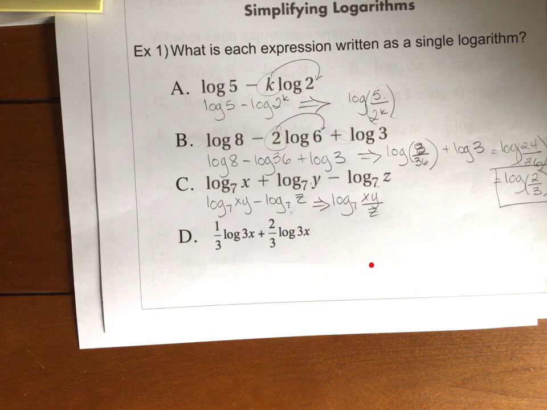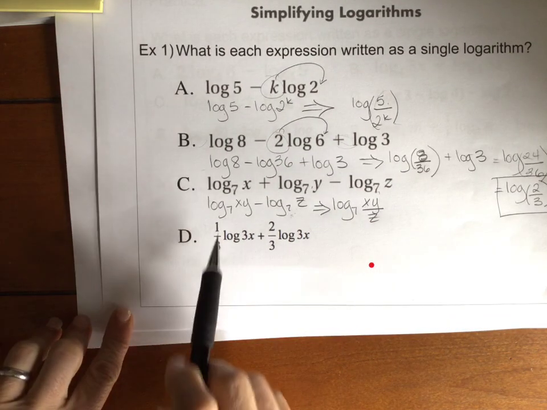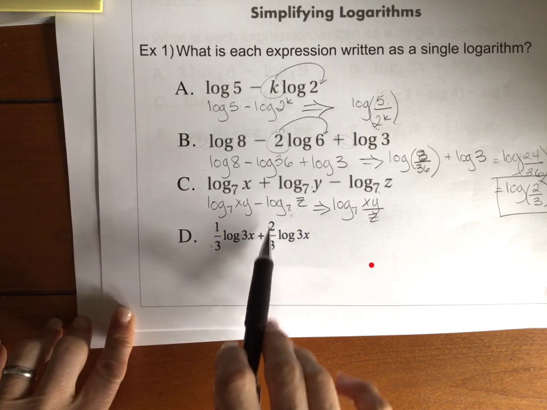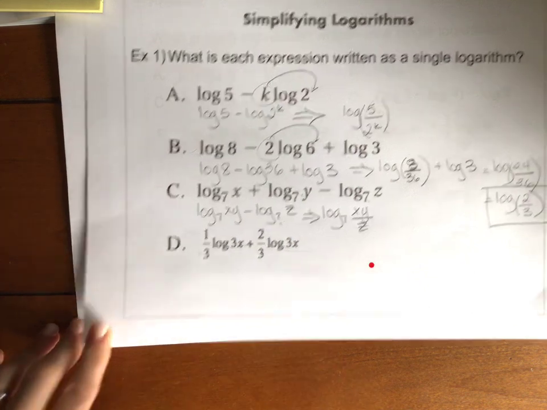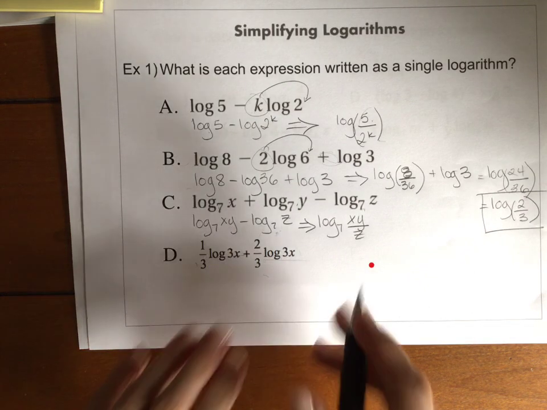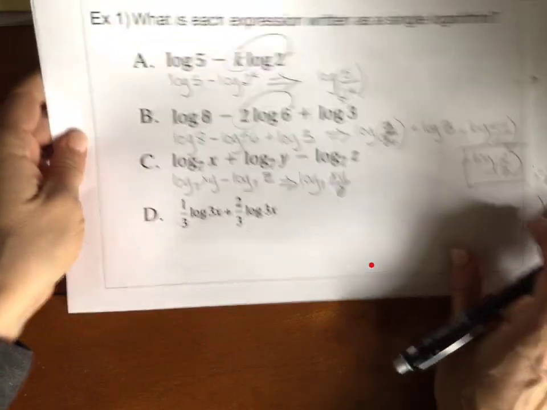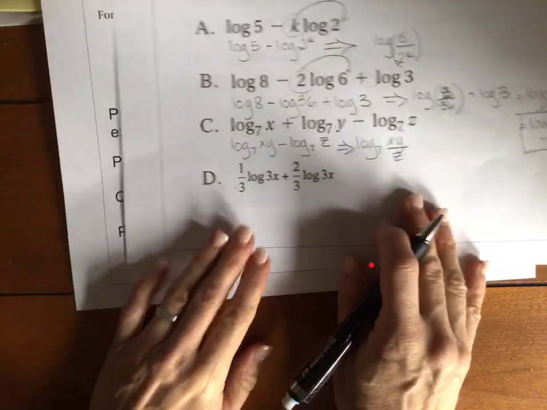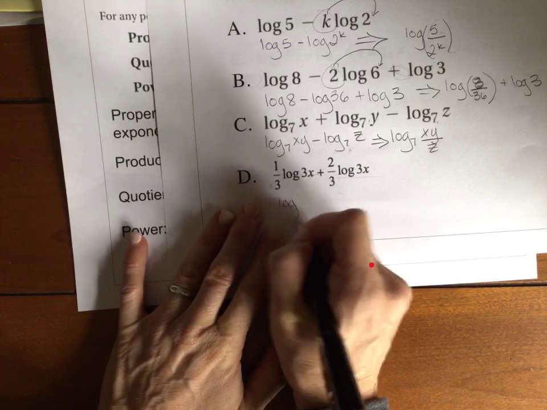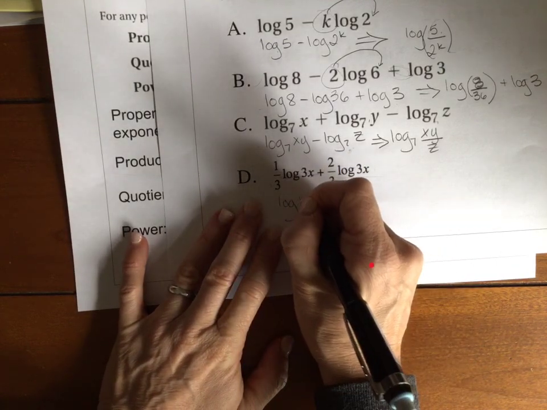All right. One last one. This one's a little more difficult because I see I have a 1/3 being multiplied by this term and a 2/3 being multiplied by that term, and that means exponents. So my first step is going to be to write those as the exponent that they are.